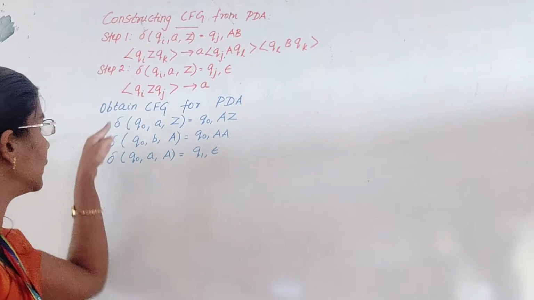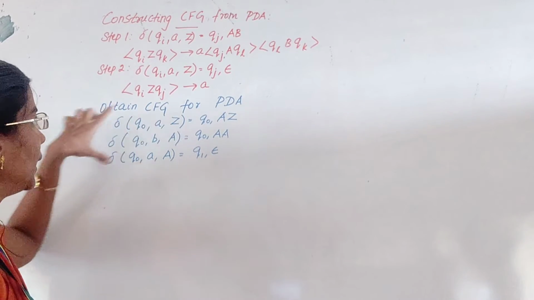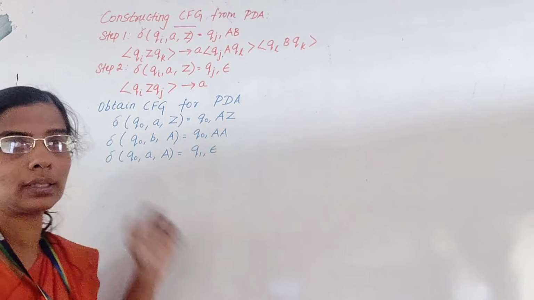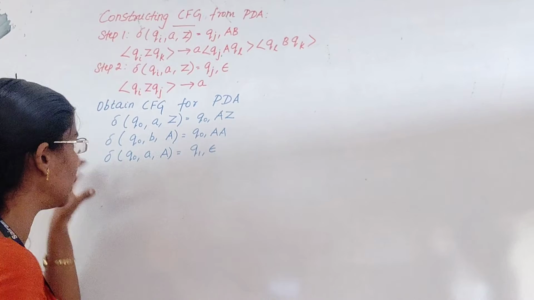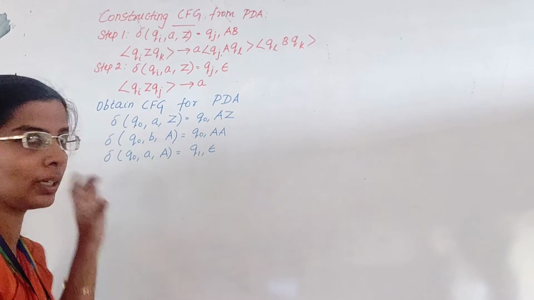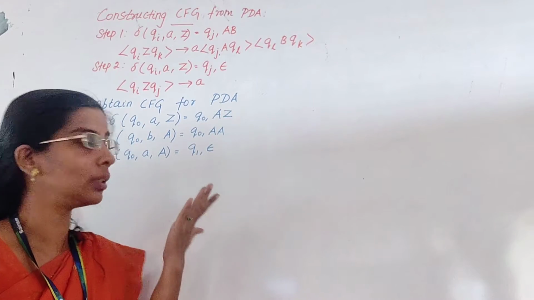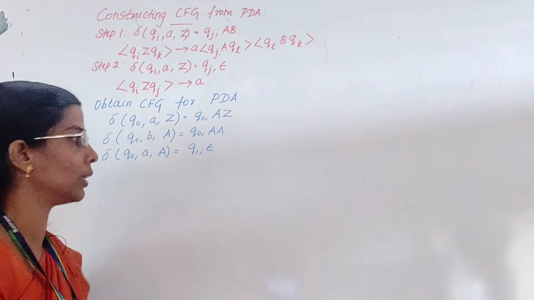We'll convert this. PDA is given, I have to get the context-free grammar. In this PDA, I have 3 transitions. Take one by one transition and convert to CFG.